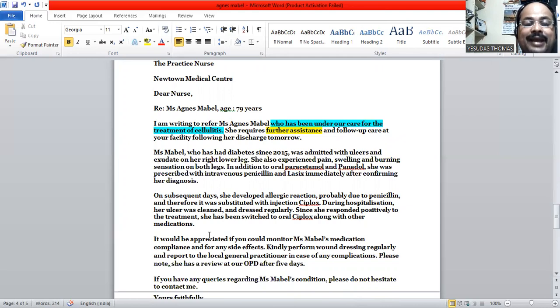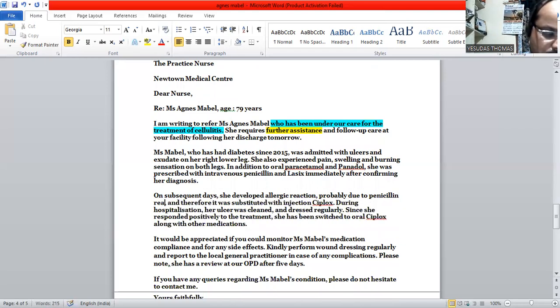On subsequent days, she developed allergic reaction, probably due to penicillin reaction. And therefore it was substituted with injection Ciplax.